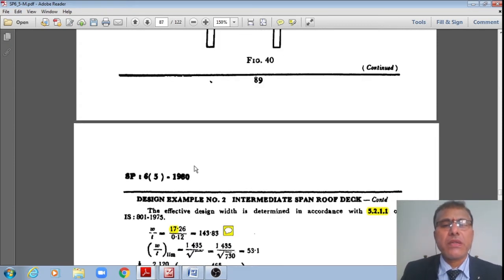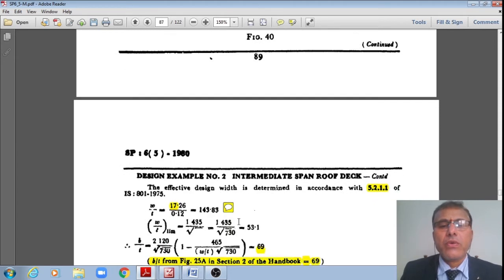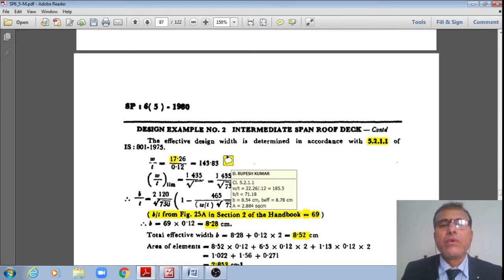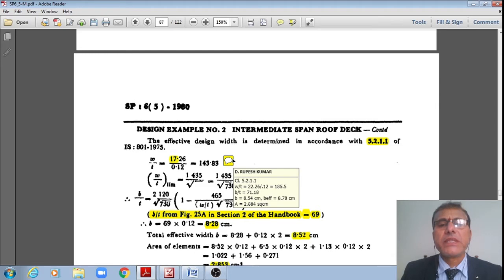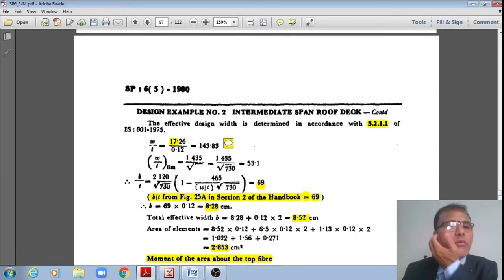Therefore, from clause 5.2.1.1, w is equal to 222.6, not 172.6, student. There is a typographical error here. 222.6 divided by its thickness 1.2 gives 185.5, not 143.83. However, w by t limiting is equal to 1435 divided by square root of f.